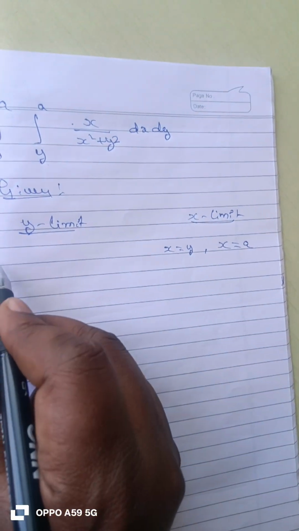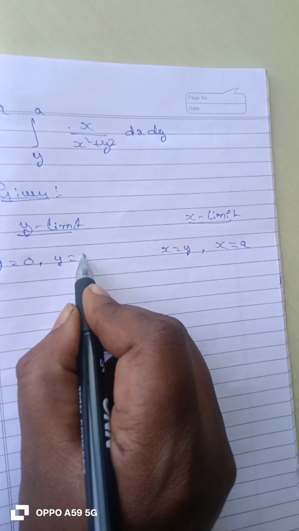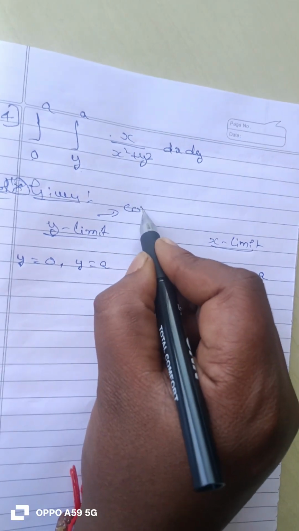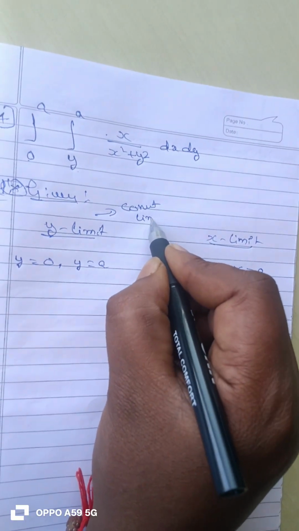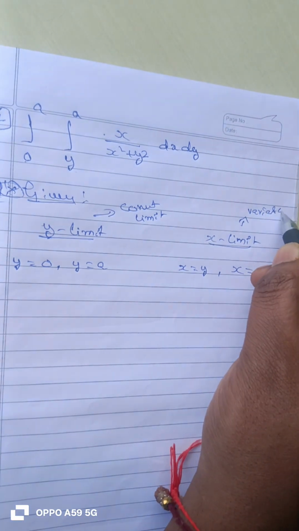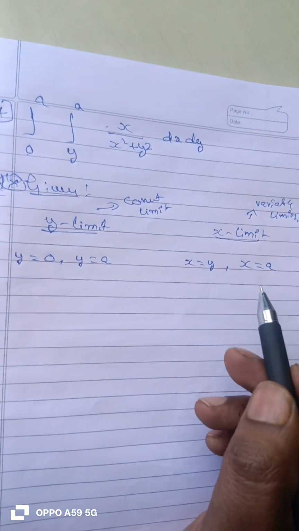Now y is equal to 0, y is equal to a. Now this will become a constant limit, and this is now the variable limits. So this we completely need to change.